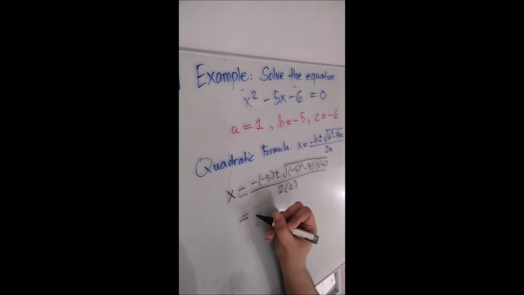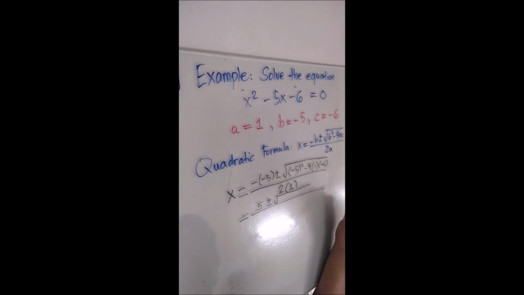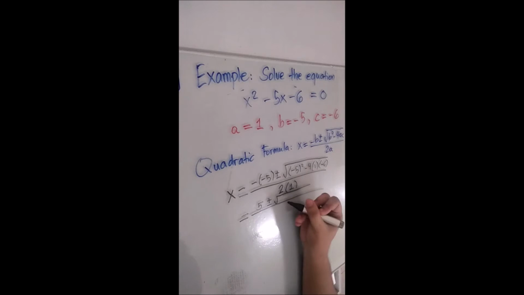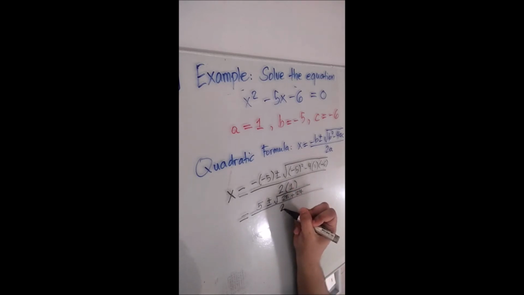You simplify. Negative times negative 5 is positive 5, plus or minus the square root of 25 minus negative 4 times 1 times negative 6, which is plus 24. 2 times 1 is 2.